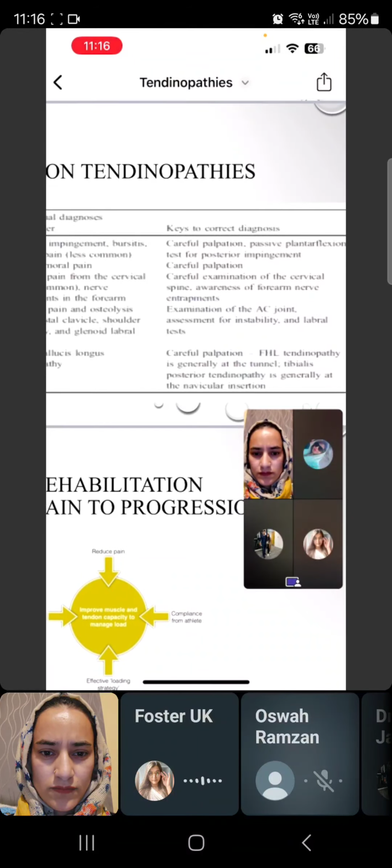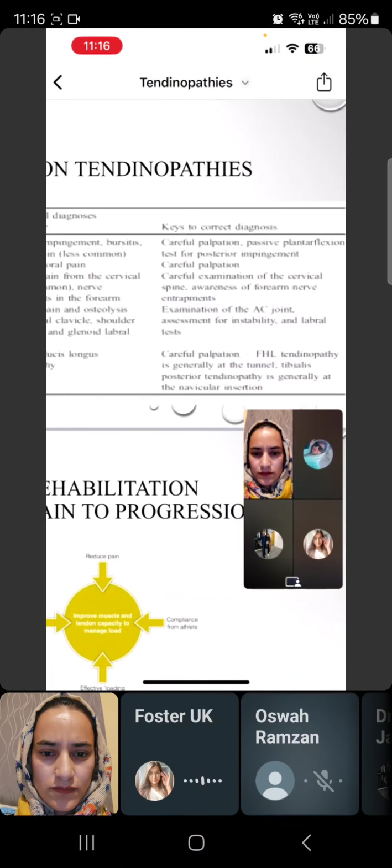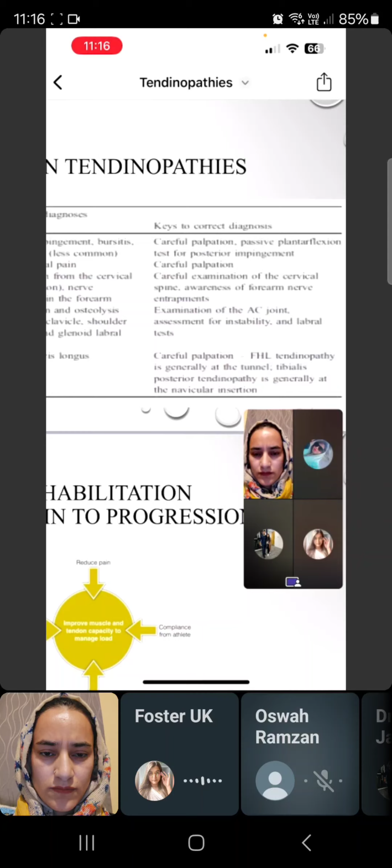When we're talking about Achilles, as I always discuss, palpation is one of the most important key factors of diagnosing when we are distinguishing and ruling out other joint and nerve causes. The primary source of pain will always be tender, so it gives you a hint that that could be the source.